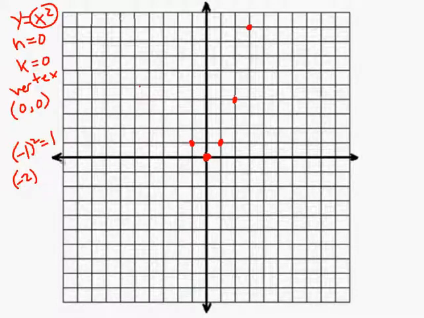What if I go left 2? Negative 2 squared is 4, so I'm going to go up 4. 1, 2, 3, 4. And then if I go left 3, it'll be up 9. And that gives me my graph.